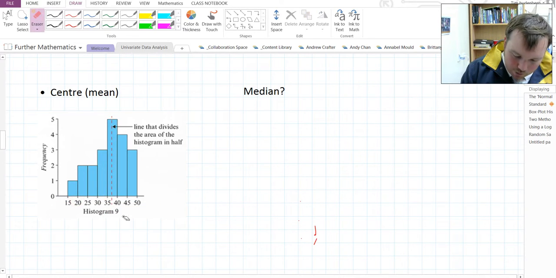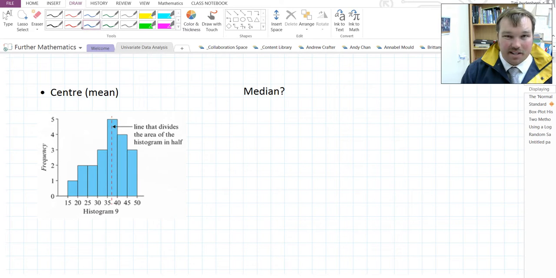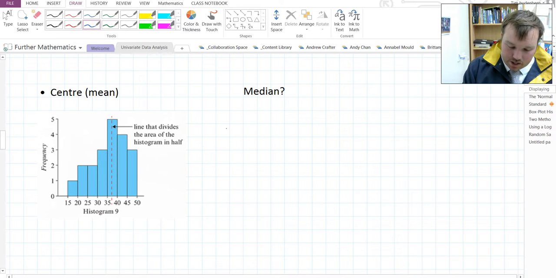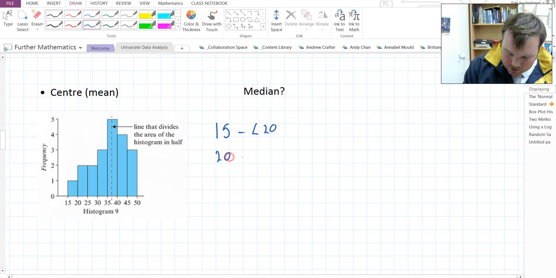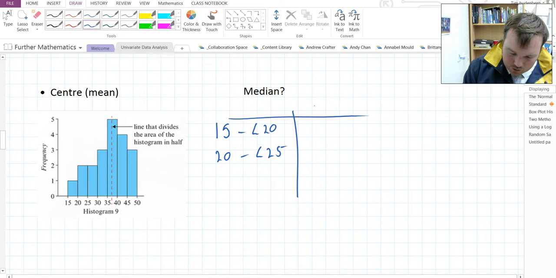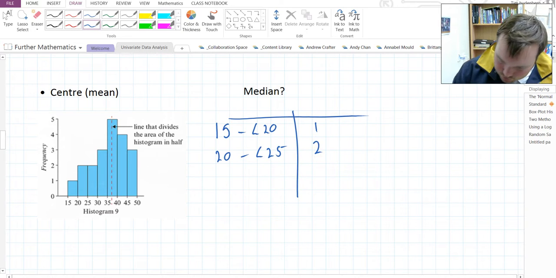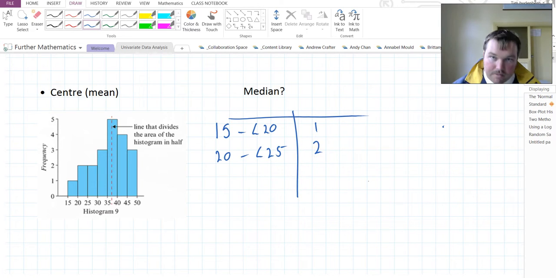Now, a more mathematical way of finding the mean, and you should know this although it's unlikely to be asked, is what's happened is between 15 up to but less than 20, 20 up to less than 25, we have the frequency, which is 1, 2, and so on.